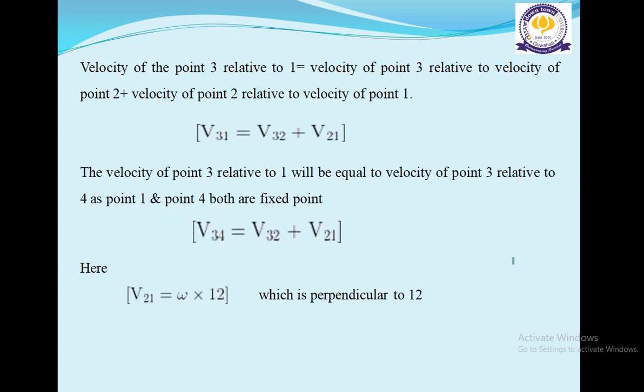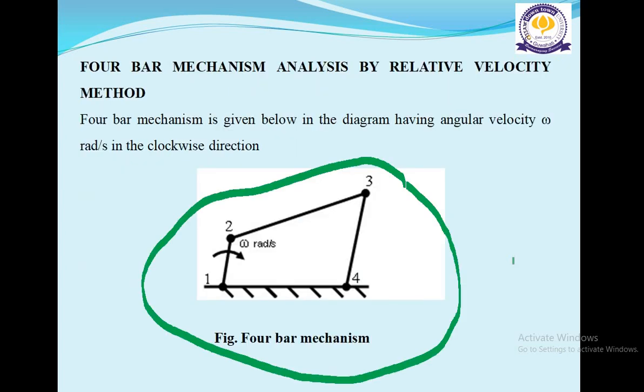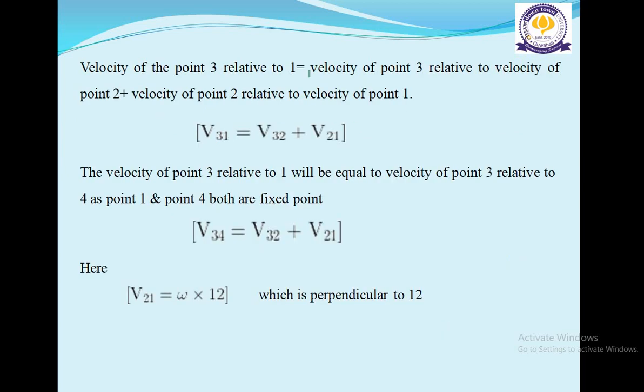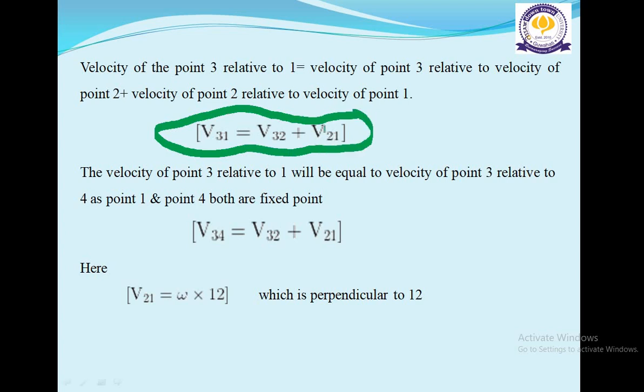So velocity of the point 3 relative to 1 is equal to velocity of point 3 relative to point 2 plus velocity of point 2 relative to point 1. Here in this diagram you can refer to it. The expression is V31 is equal to V32 plus V21.